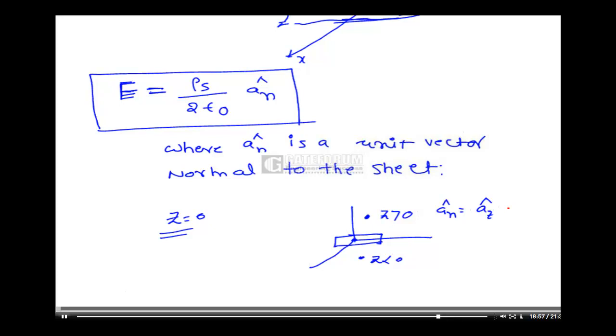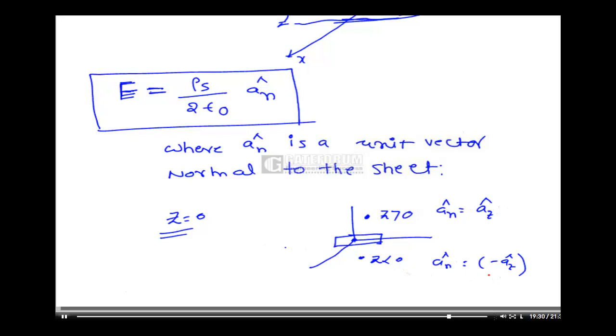If you are calculating below the sheet, for z less than 0, the normal vector is minus a z. That's why the general definition is that a n bar is a unit vector normal to the sheet. Depending upon the point where you are calculating the electric field intensity, you have to consider a n accordingly. So for z greater than 0, a n is a z, and for z less than 0, a n is minus a z.